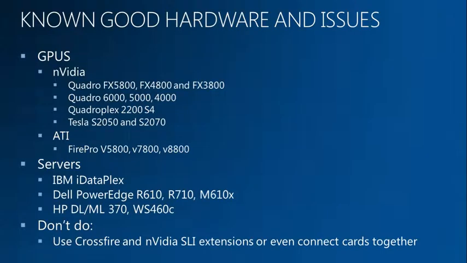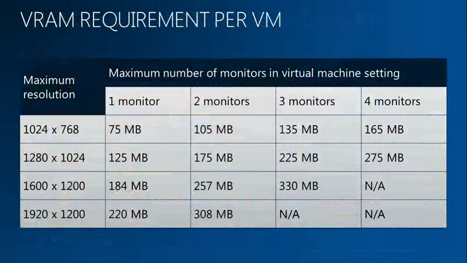One of the gotchas here is do not use the Crossfire cards and the NVIDIA SLI in the same server. There are some known issues there. If you search in some of the knowledge bases, we do have some very specific workarounds for those. But again, those are the most common cards that we know are on our compatibility list, and customers have had very good success running them.